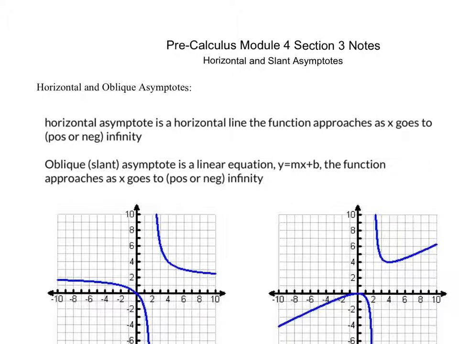So again, these are both going to deal with lines in the form of y equals, and then we're going to talk about in a little bit specifically how you know which one a graph is going to have. But first, let's go ahead and talk about how to identify these from a graph.